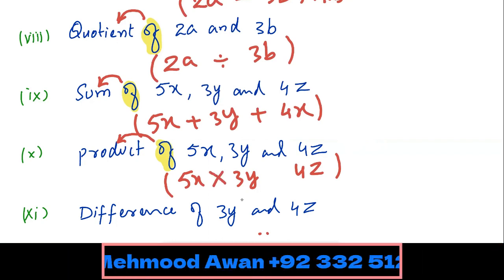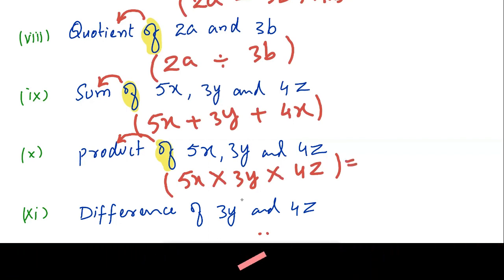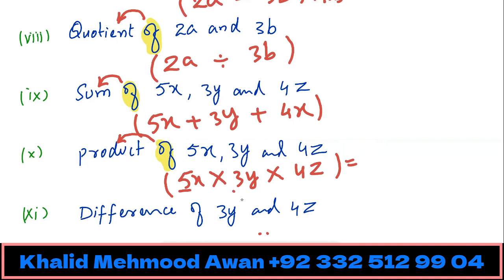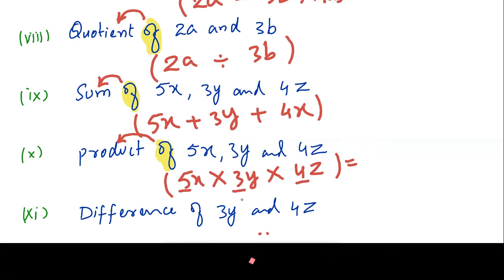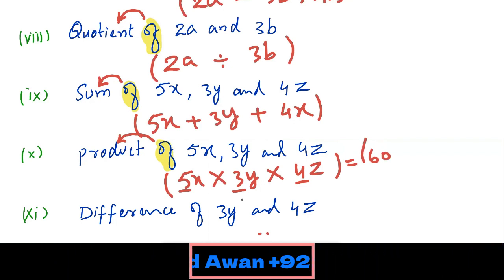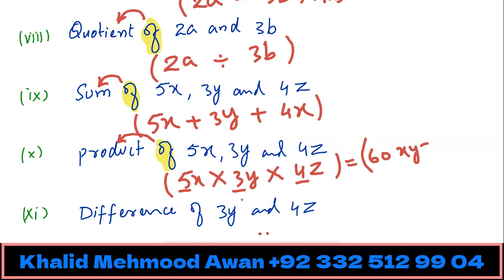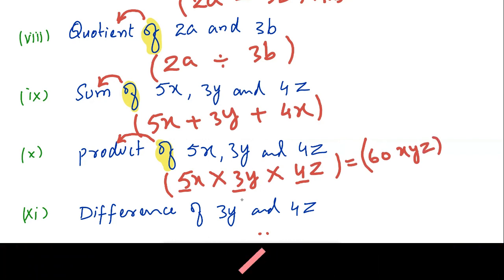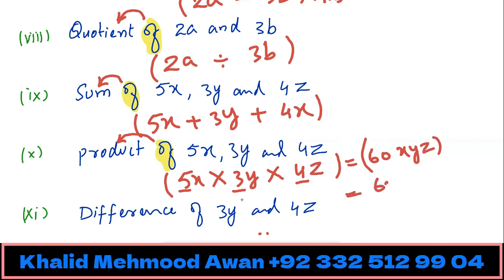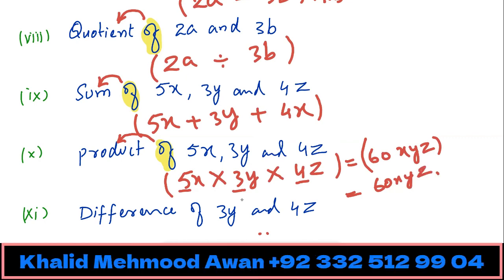In multiplication, we'll be multiplying the numbers: 5 times 3 is 15, 15 times 4 is 60. So our answer will be 60 in the bracket and xyz. Or we can say without brackets 60xyz. Clear? So this is how we do it.